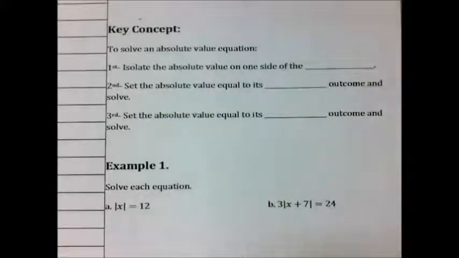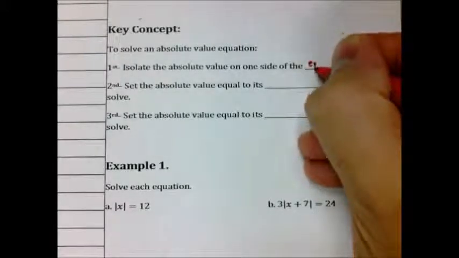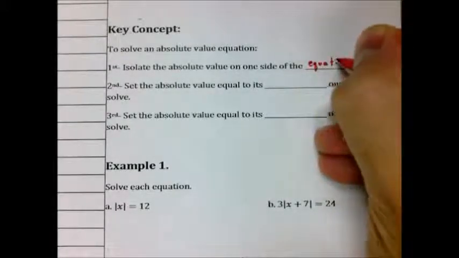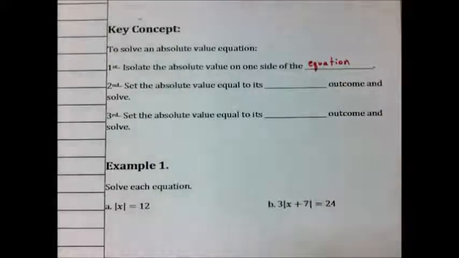All right, so let's talk about this key concept here. How do we go about solving absolute value equations? The very first thing we want to do is isolate the absolute value on one side of the equation. Whatever we have in terms of absolute value, we want that by itself on one side of the equation, either side, but just by itself, no other numbers around it.